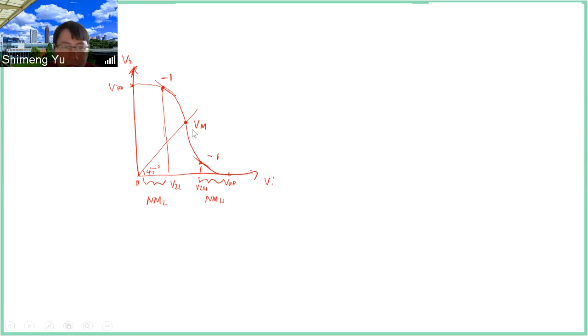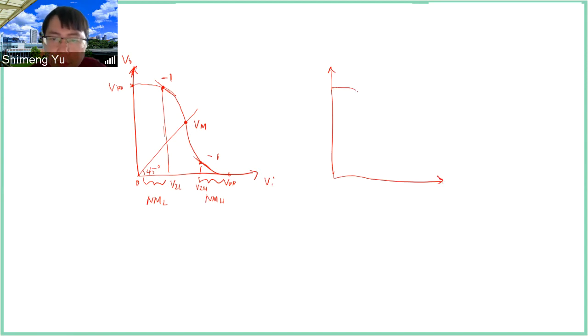So if it's matched, the NMOS and PMOS drivability in terms of the strength will be the same. The threshold voltage of NMOS and PMOS should be the same. And then for the unmatched condition, you may be asked to draw the VTC if the condition changes, right?